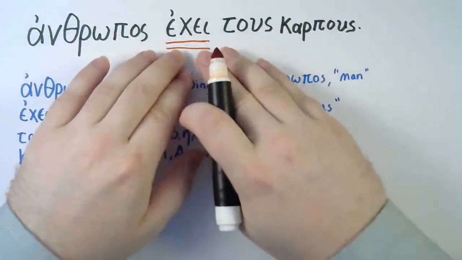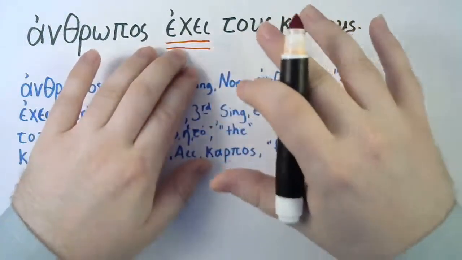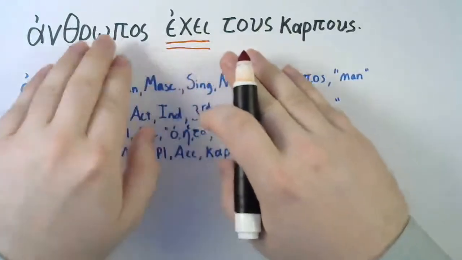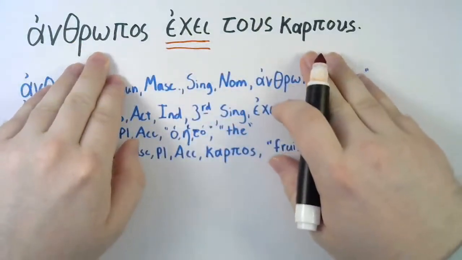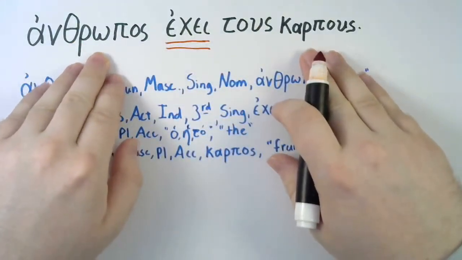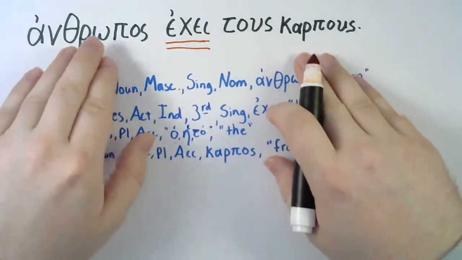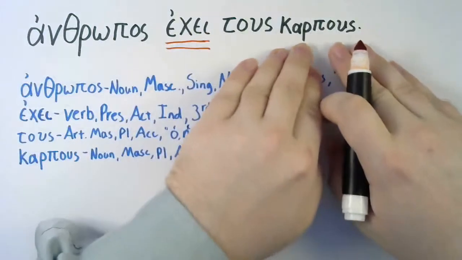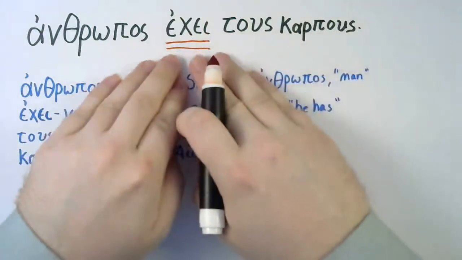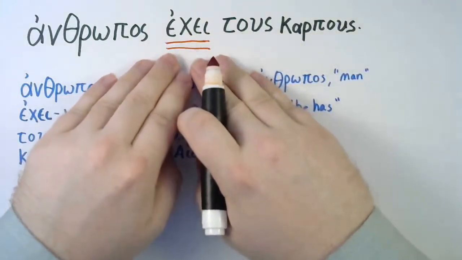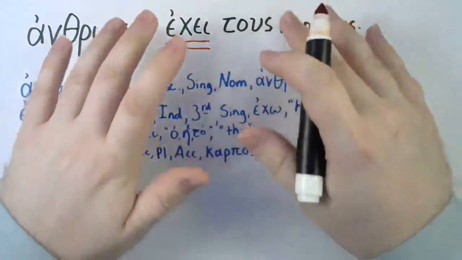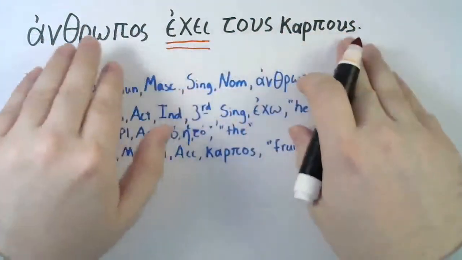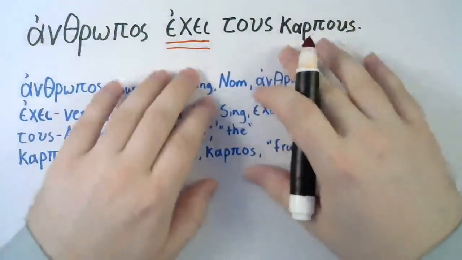If it's looking for eke, you're looking for he or another noun. So each of these would fit, agreeing with the third person, but not in number. Anthropos is singular, carpus is plural, so that immediately rules carpus out as being the subject of eke. Now there is that odd rule about the neuters we talked about last time, but all these are masculine nouns, so you don't have to worry about that.